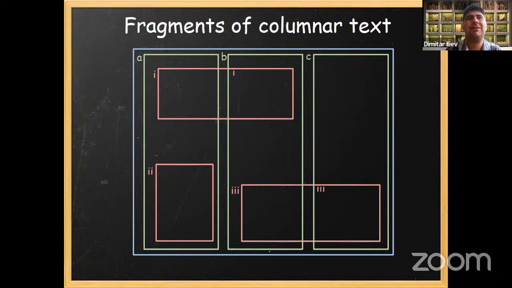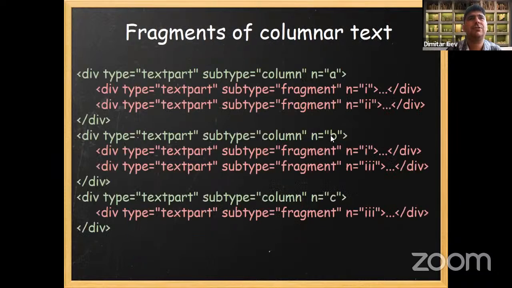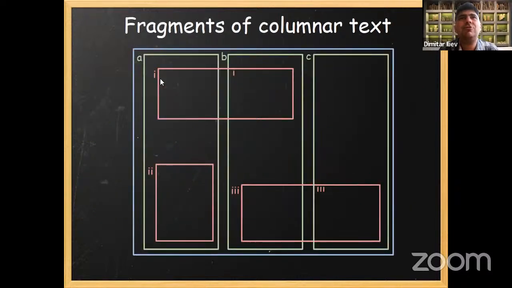This is the more complicated example, when you supposedly have three columns, but you have fragments of columnar text which span across columns. And here again, you can achieve this with types and subtypes, provided that you give a particular number of these.